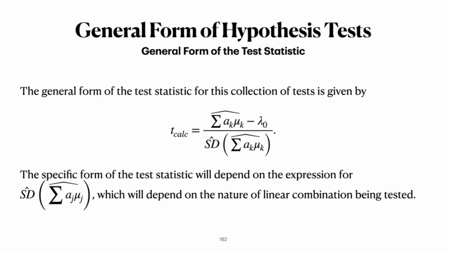The specific form of the test statistic, and in particular the denominator, will depend on the expression for the estimated standard error of the point estimator for the linear combination, which will depend on the nature of the linear combination being tested.